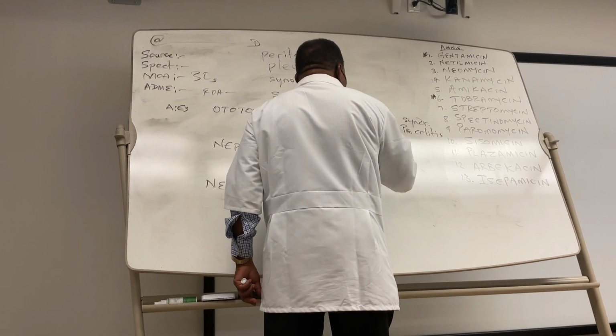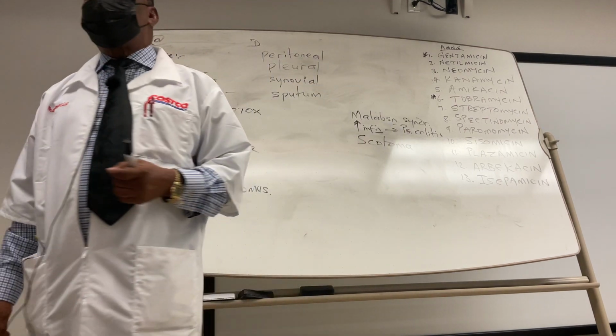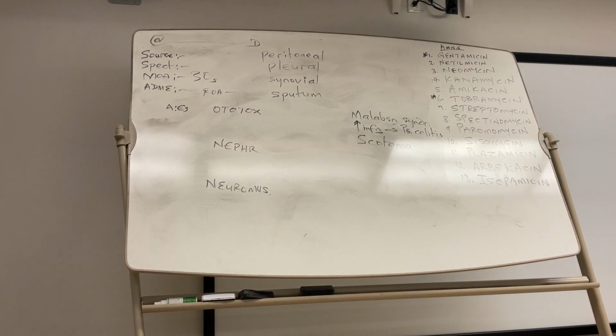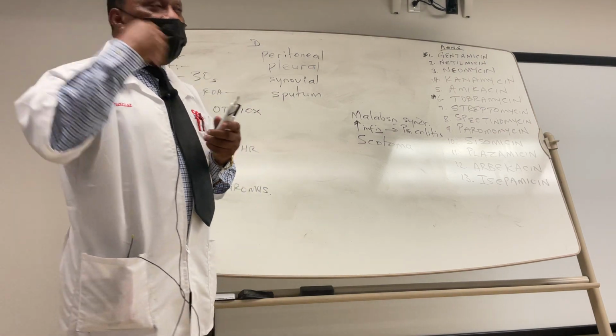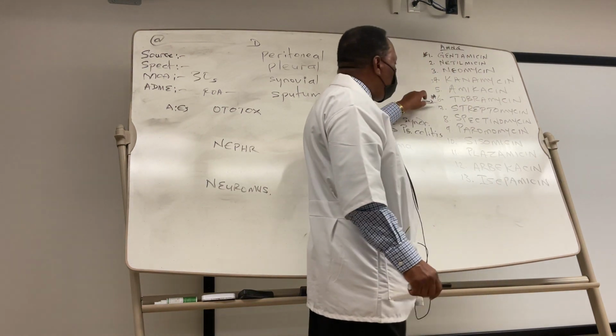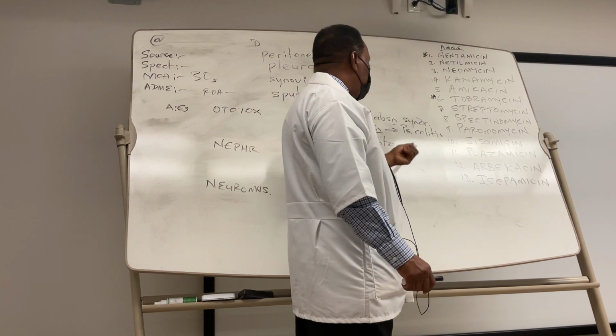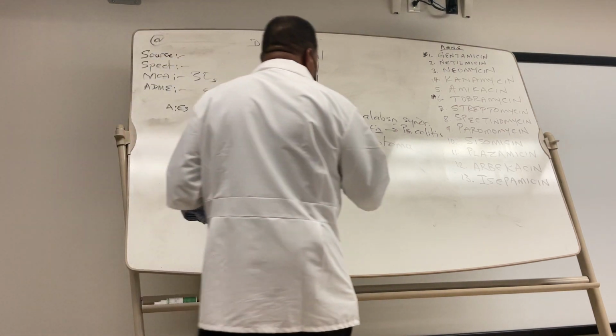Scotoma is a particular adverse effect that you can see with streptomycin. That's like a blind spot in the eye. Okay. So streptomycin is number 7. Is the one that is most likely to give you that scotoma.